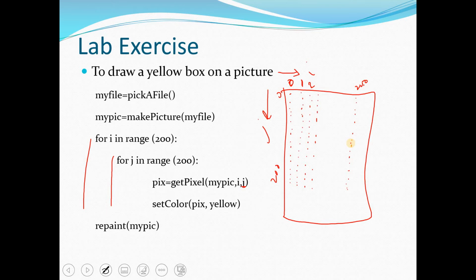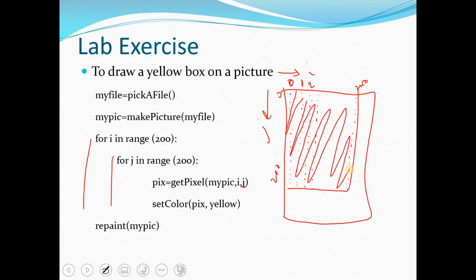Remember, pixels are like small square boxes. So they will be connected and you will see a completely shaded region. I just wanted to show this shade, to show you this will be a continuous color. The color in this case will be yellow.